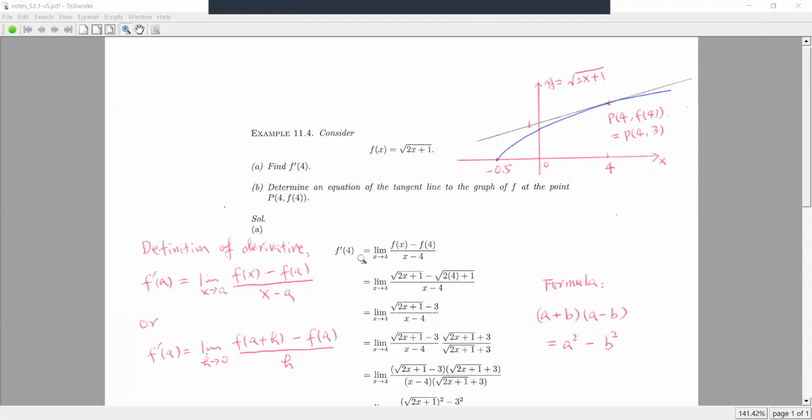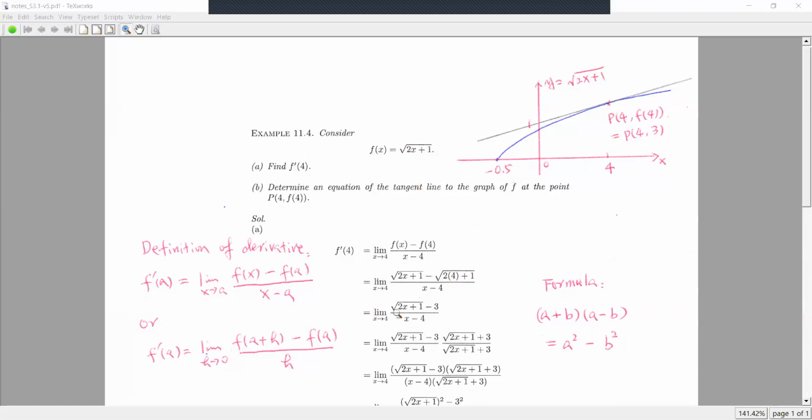By the formula, we have this equation where the point a is 4. Now, plug in the square root of 2x plus 1 for the function f here. Then we have this equation. The function value at 4 is the number 3. So we have this equation.